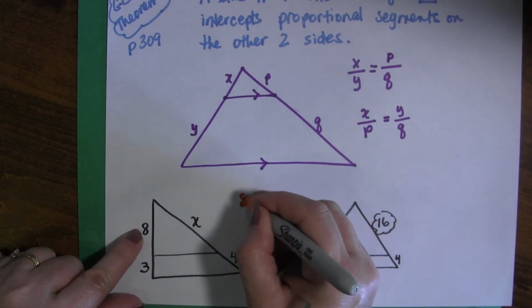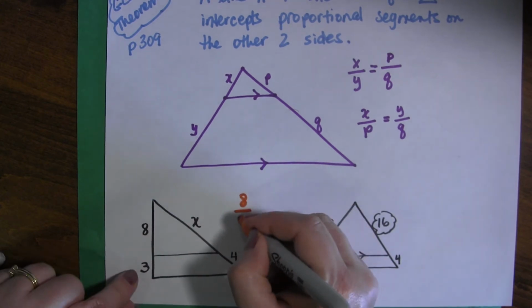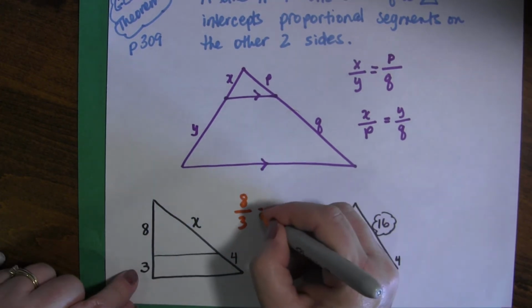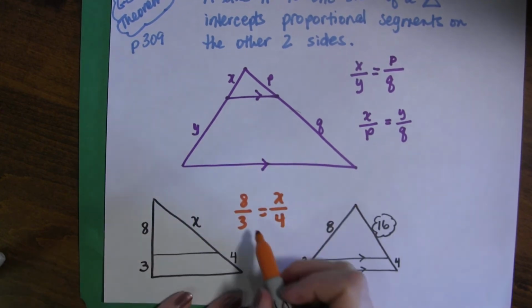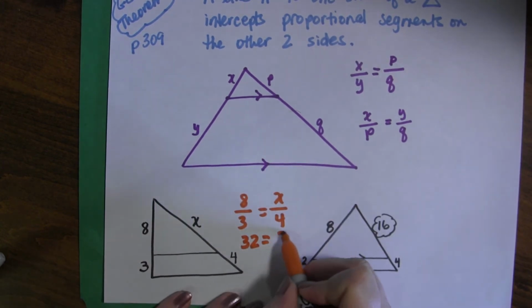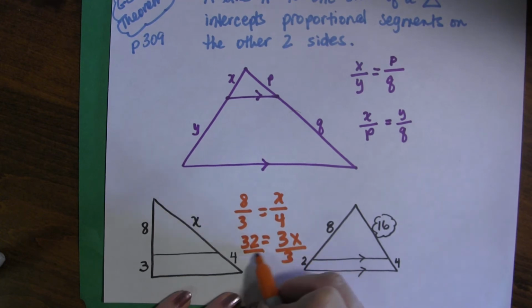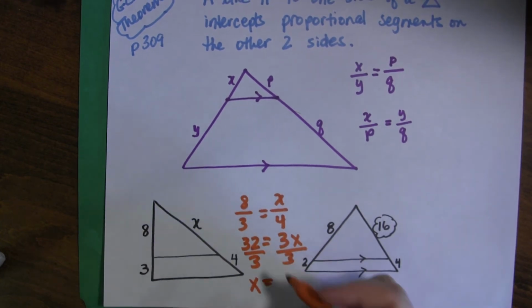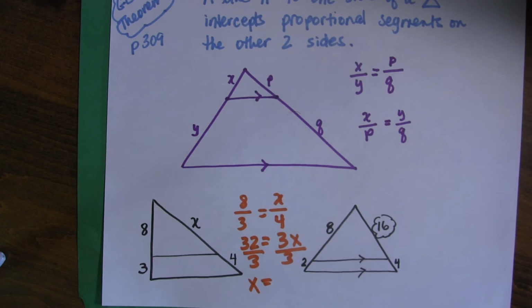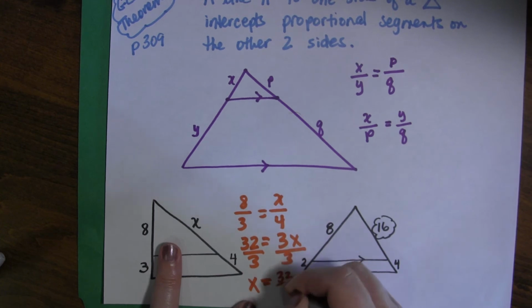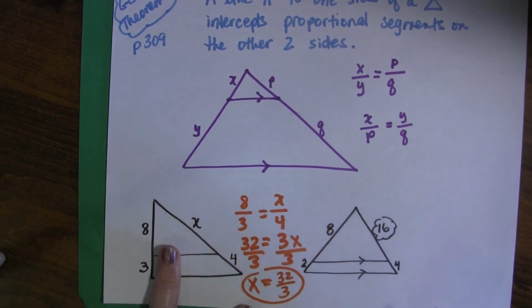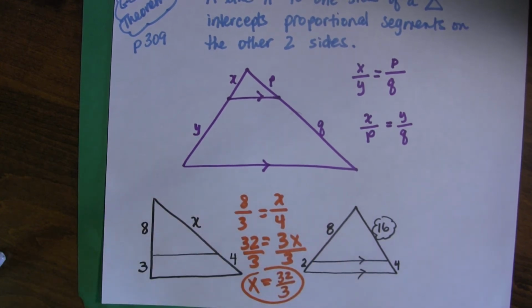Top part over bottom part equals top part over bottom part. So that's going to be 32 equals 3x. Divide both sides by 3. X is going to equal some weird number. 32 divided by 3 is 10 and 2/3, but I'll just leave it as 32 over 3. And that will be the side length there.